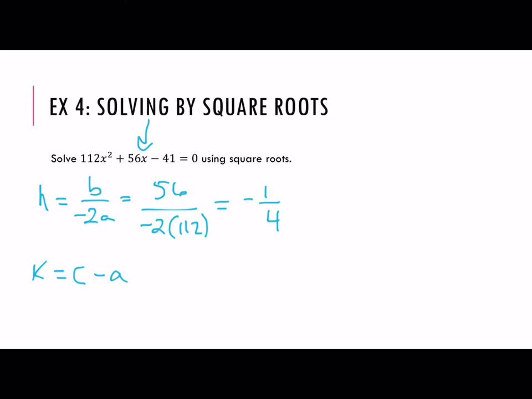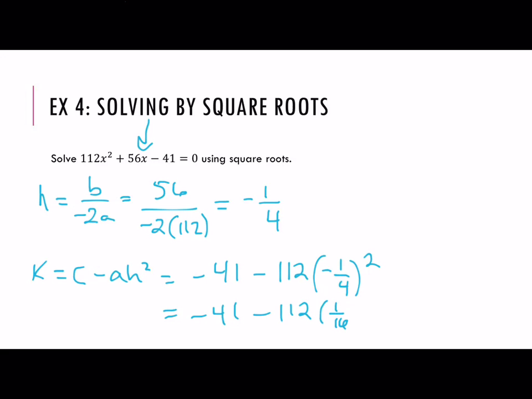K is c minus ah squared, which is -41 minus 1/12 times -1/4 squared. And this is -41 minus 1/12 times 1/16. And then 16 evenly divides 112. So this is going to turn into -41 minus 7, and that's -48. So we have h is -1/4, k is -48.